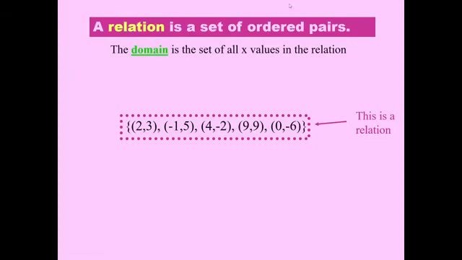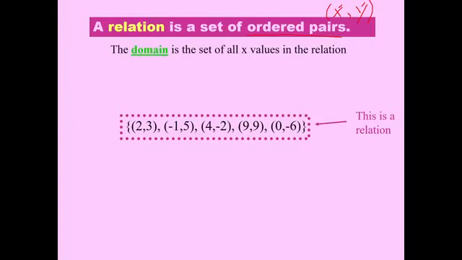So take note, in an ordered pair, the first number is what you call the x value. The second number is what you call the y value. Another term for the x value is the x coordinate or the abscissa. The y value, you call that the y coordinate, and that is the ordinate. And another term for an ordered pair is simply coordinates.